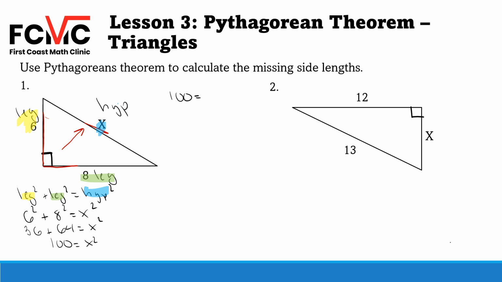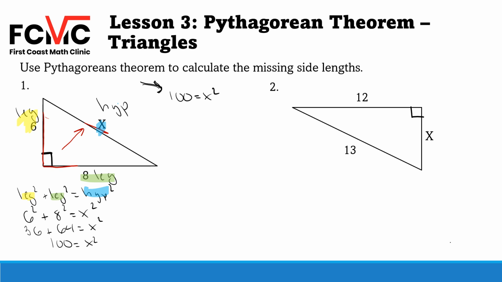100 equals x squared. Now, if you watched lesson 2 on simplifying square roots, I made a video on how to handle equations that look like this and how to simplify a lot of the problems that we're going to get into in this video. So if you have questions on this stuff, you can check out lesson 2.